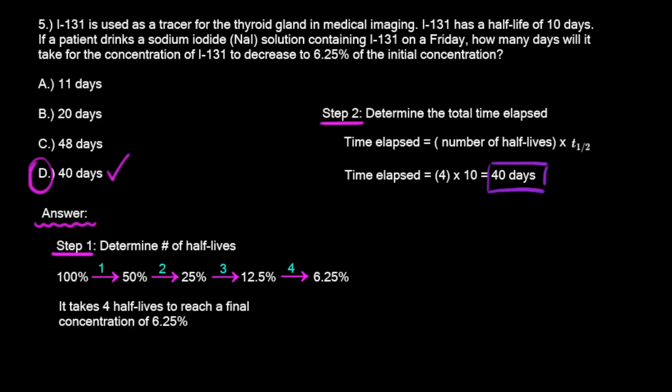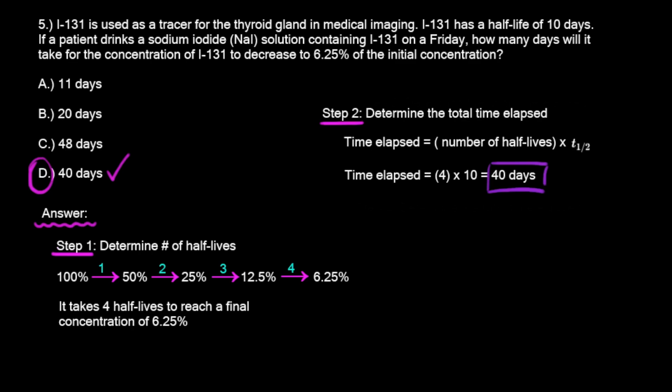After the first half-life, that drops to 50%. After the second half-life, it drops to 25%. After the third, it is reduced to 12.5%. And after the fourth half-life, it is 6.25%. So it takes 4 half-lives for the concentration to drop from 100% down to 6.25%.